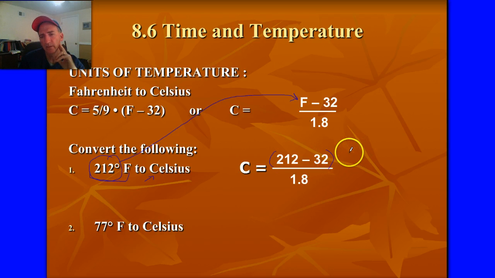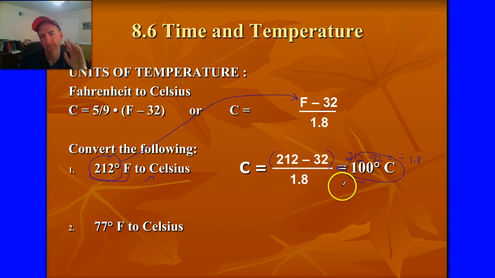An easy way to do it on your calculator is to put in 212 minus 32, hit your equal sign, and then hit divided by 1.8. That'll get you to the answer there. If you do that correctly, you'll get 100 degrees Celsius.